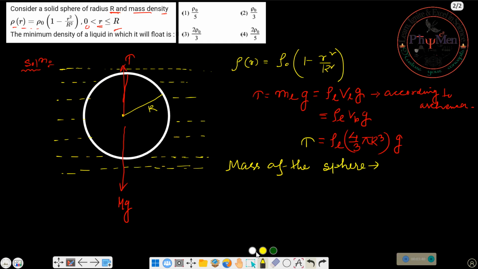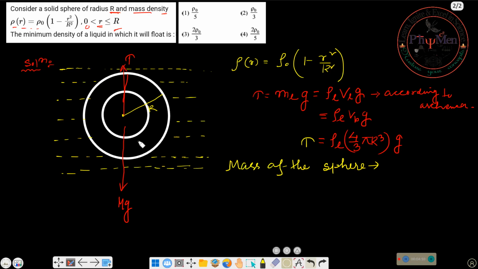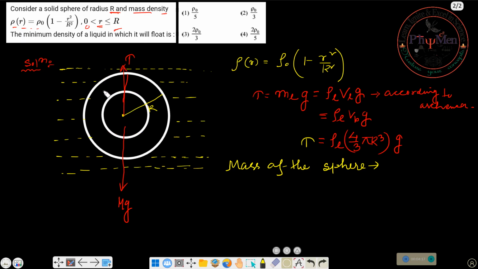Since its density is not constant, what we can do is consider a spherical shell of thickness dr at a distance r.